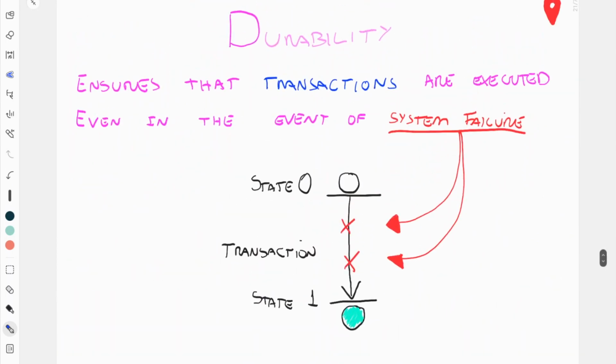And the last one, durability. It ensures that transactions are executed even in the event of system failure. So even if the system fails for whatever reason, the transaction is executed.